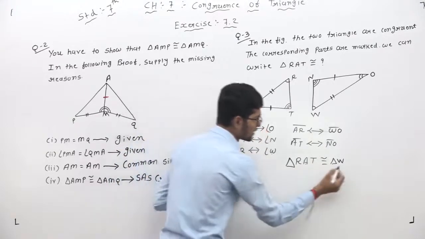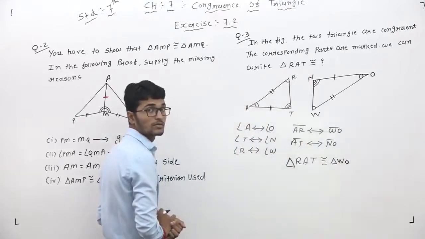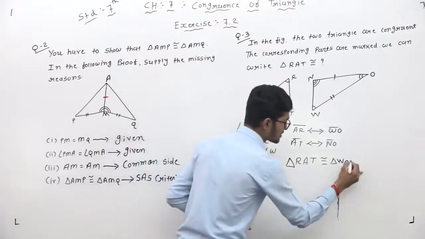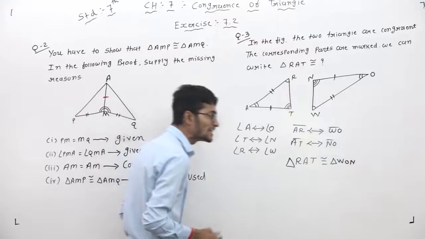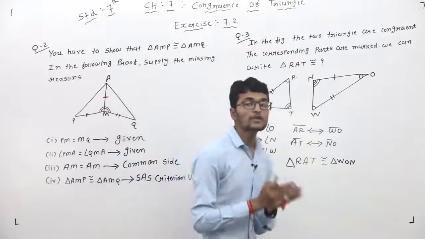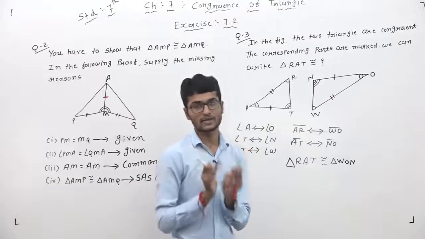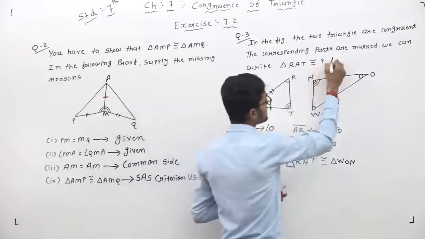O. Write down O. Clear? And then after that, T means what? N. So triangle RAT and triangle WON are congruent triangles of each other.